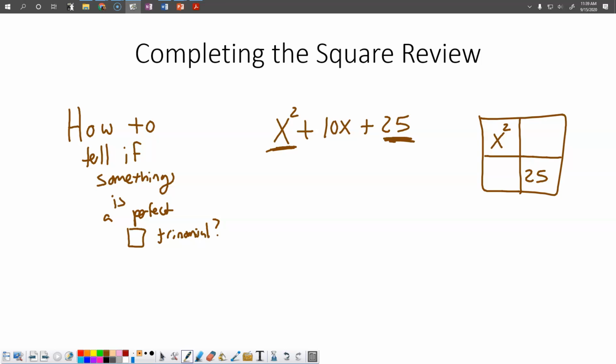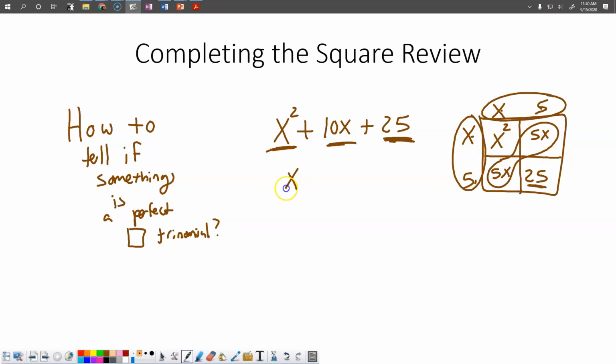You're looking for two numbers that multiply together to make x squared, and you're also looking for two numbers that multiply together to make 25. And then you know you've done it right if 5 times x and 5 times x combined, 5x plus 5x, gives you the middle. If that works, then these are your factors.